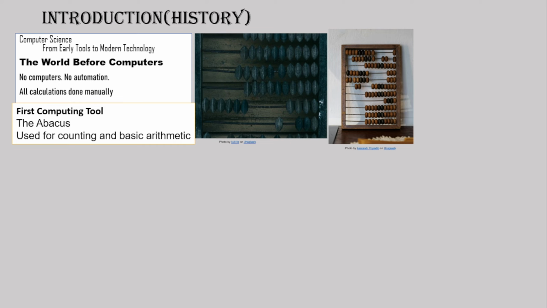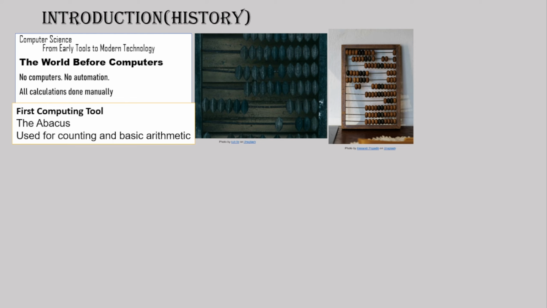To solve this problem in the early days, the early societies created tools like the abacus. This is the one on your screen. So this is the abacus. The abacus helped people count, add, and keep track of numbers, right?